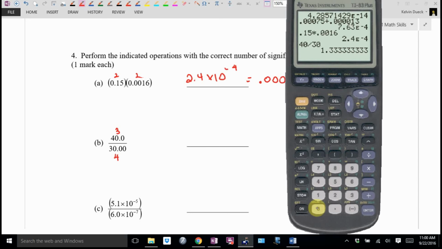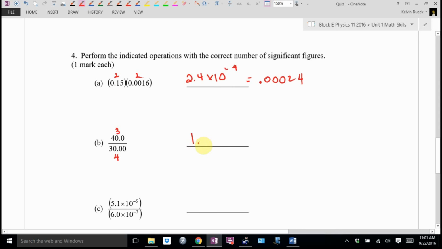Is that wrong? It's going to be 1.33. If you put a repeating sign, you're telling me the answer is 1.33333333. Is that 3 sig figs? So did I just answer your question? I'd be fussy on that. Okay?